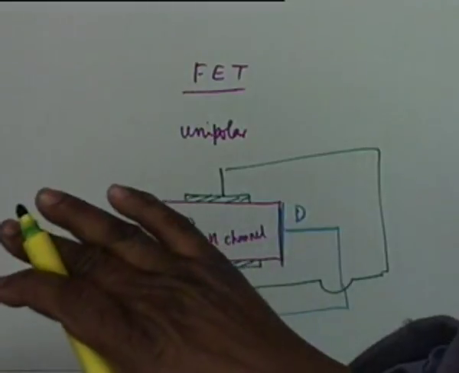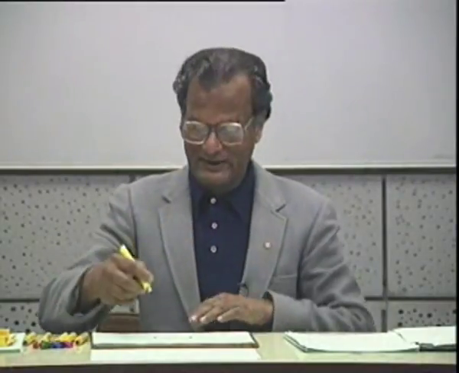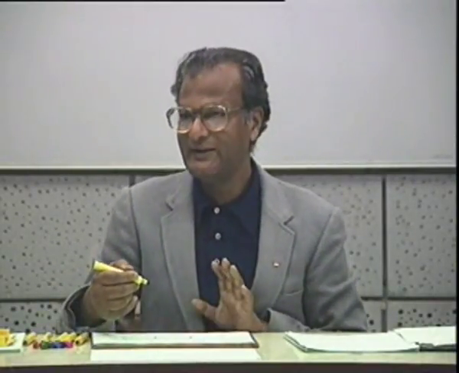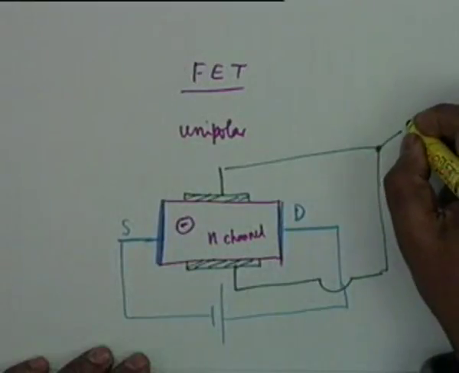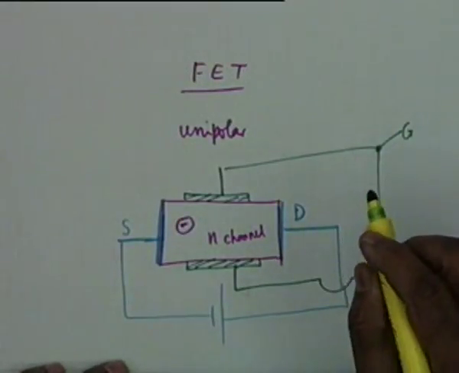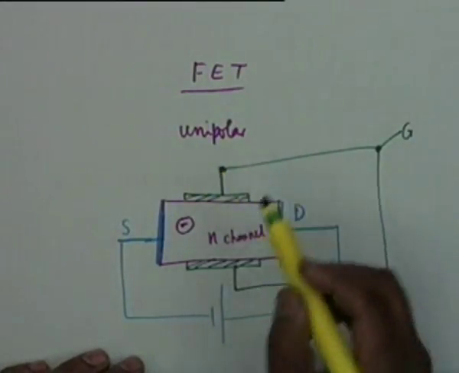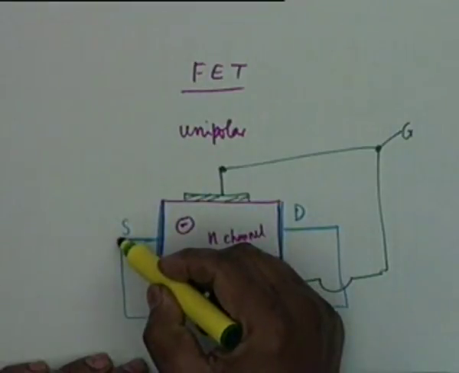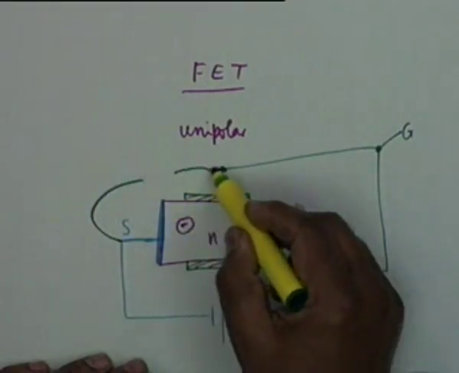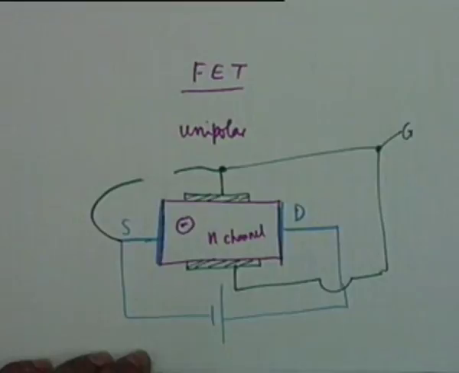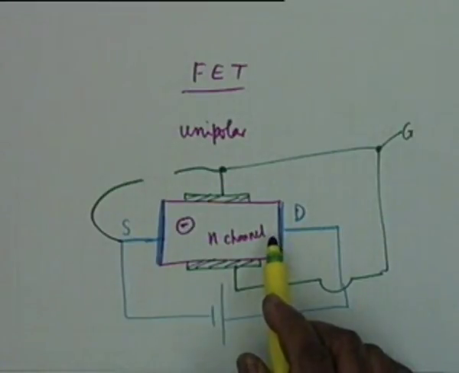I am showing a cross section, so from the top as well as bottom there is a layer, which I shall say what the layer is a little later. This is called a gate. By application of a voltage between the gate and the source, the width of the channel is controlled, or the flow of electrons in the channel is controlled.